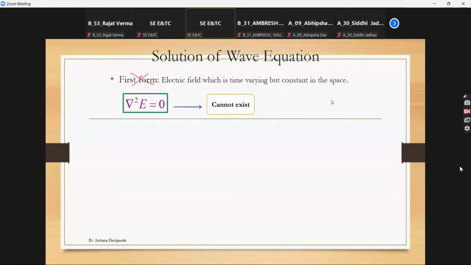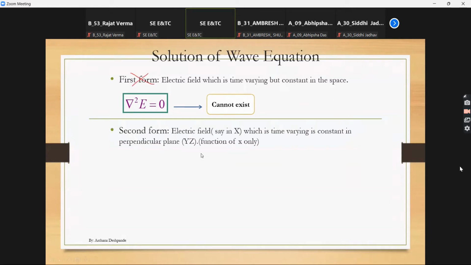Now we go to the second form. What am I saying in the second form here? That this electric field is time varying. But in the spatial coordinates, how is it going to vary? That this electric field is in terms of x, which is time varying, and it is constant in a perpendicular plane, yz.